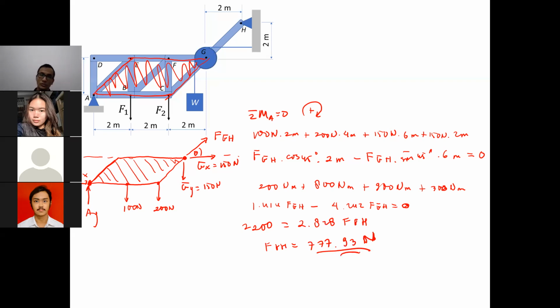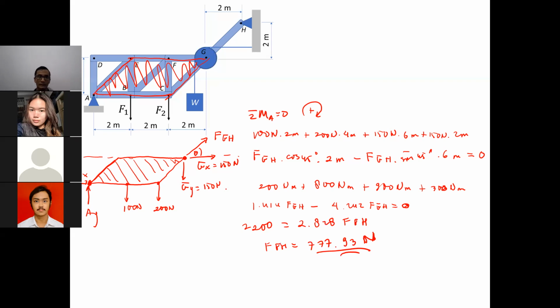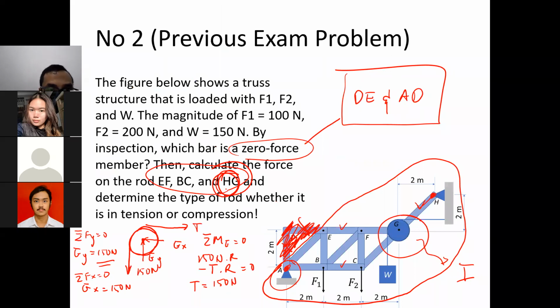Yeah. So you solve the first problem, right? FGH is solved already. Now, after you know the FGH, do you need to calculate the force on the rod and determine the type of the rod, whether it's tension? Okay.